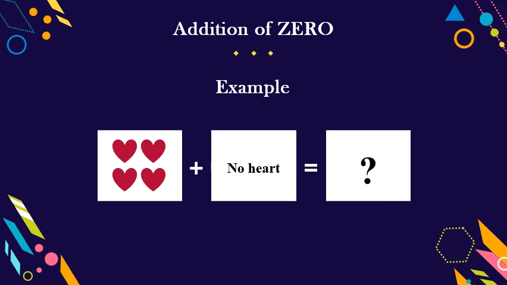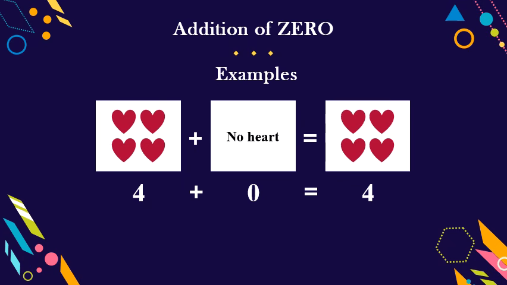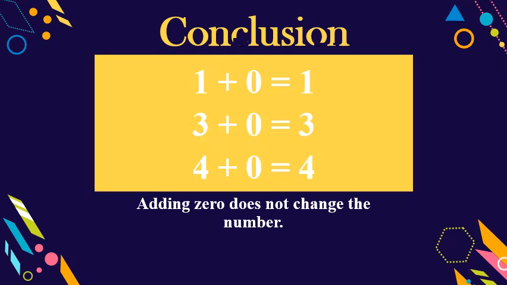In this example, the first box has 4 hearts and the second box has no heart. You can see we have 4 hearts in all. So we can write 4 plus 0 equals 4.